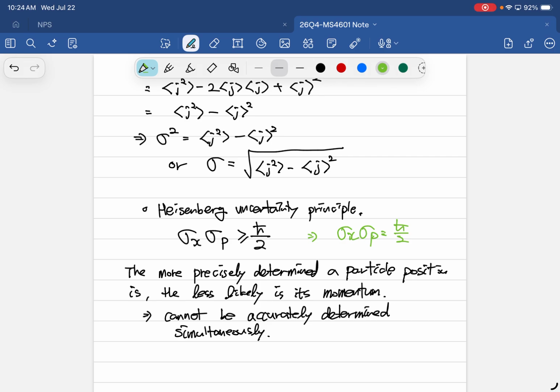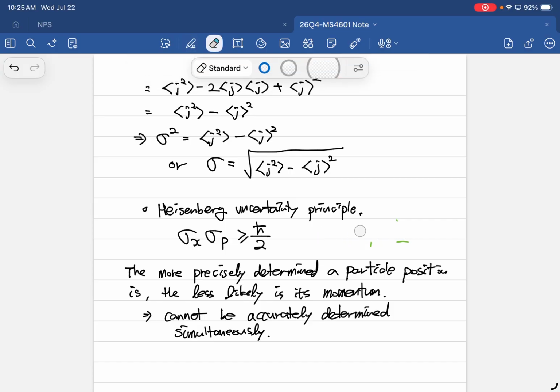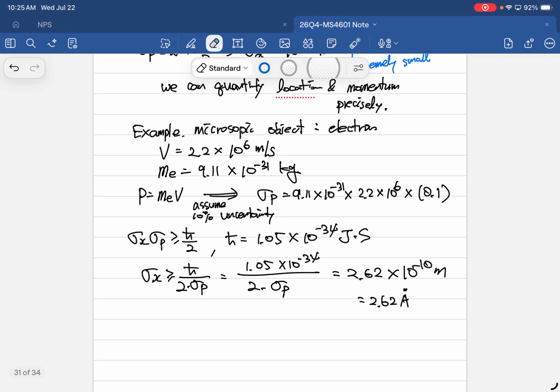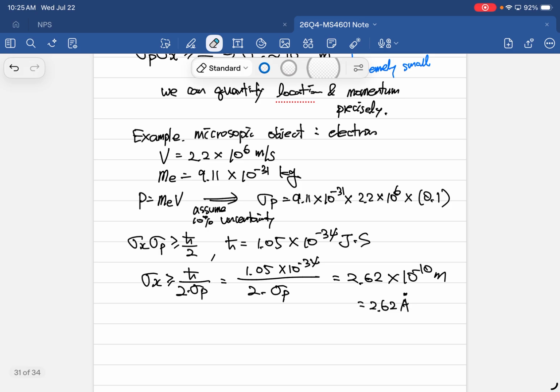So sigma x going down means we have more accuracy, and sigma p going up means we have less accuracy in velocity. Okay? So this is a consequence of quantum mechanics, and this is why many scientists were so puzzled by quantum mechanics.